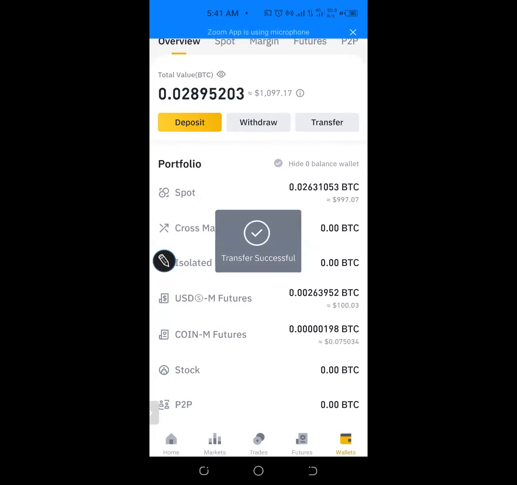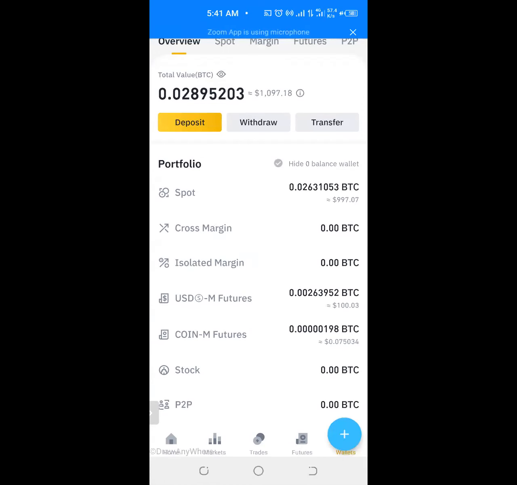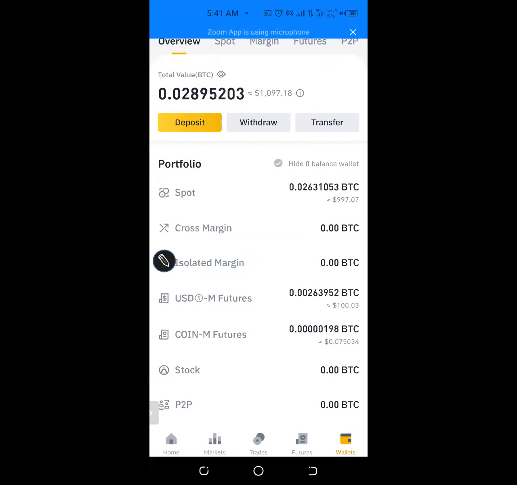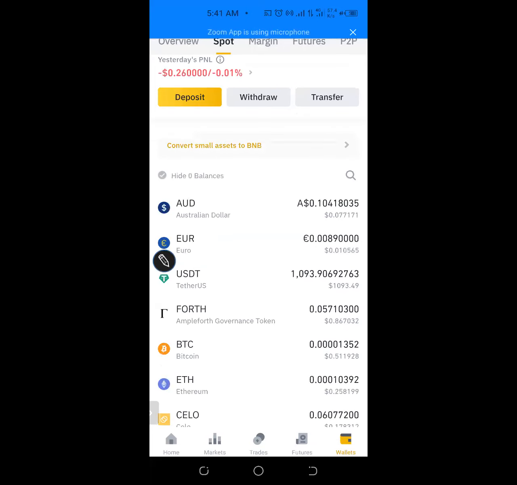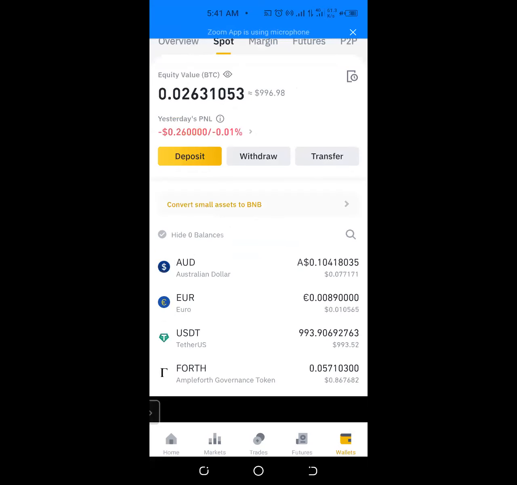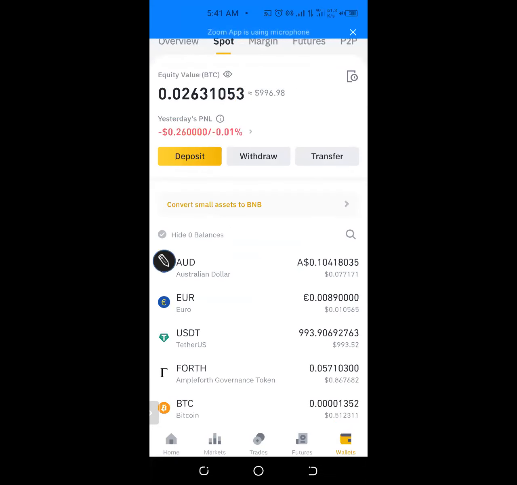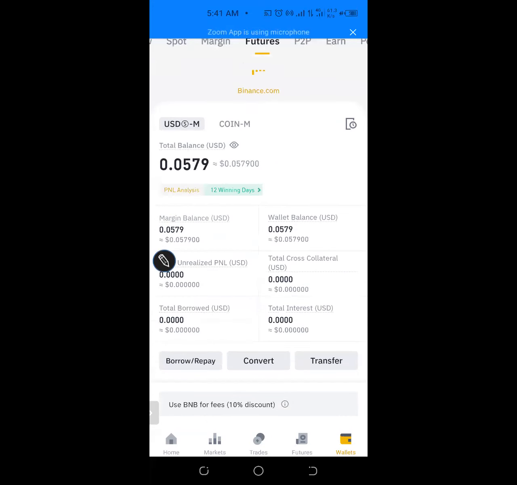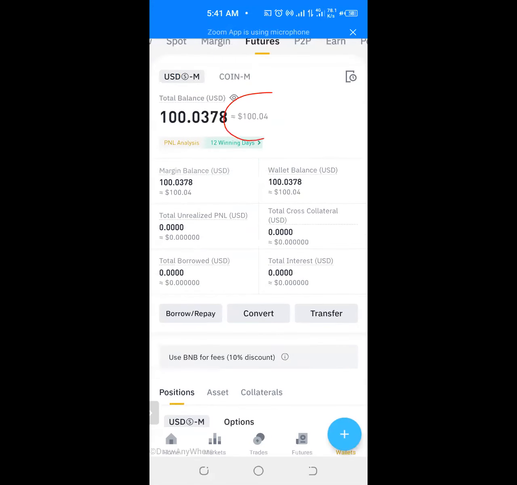So if I go now under overview wallet, I'm going to see that I have the totality of my money. But this time around, if I click on spot to see how much I have now in spot, you will realize that it's now 900 and something. If I go to futures, I refresh, you see I have $100. The $100 are transferred to my futures account.